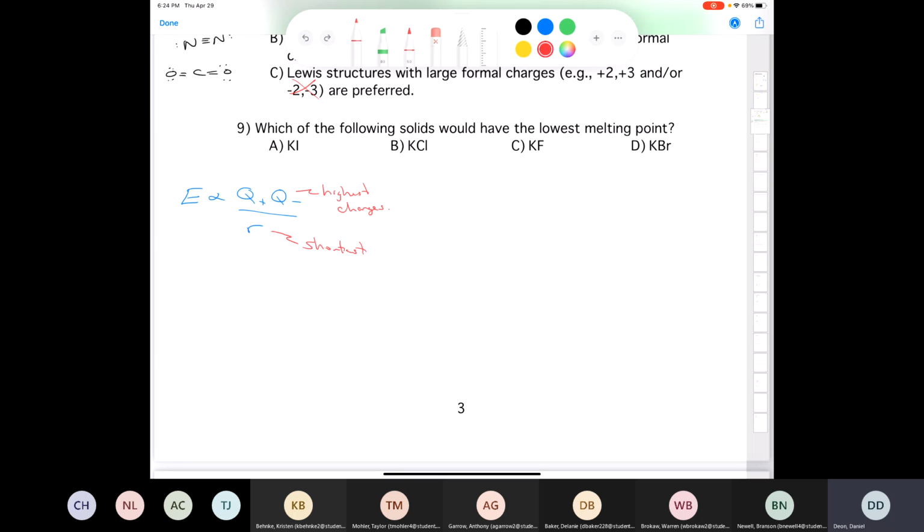All of these are potassium salts: potassium iodide, chloride, fluoride, and bromide. That means the charge part is constant, they're all +1 times -1. Now all we have to do is examine the distance between the nuclei.